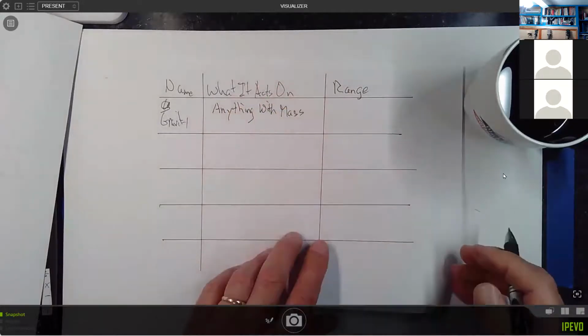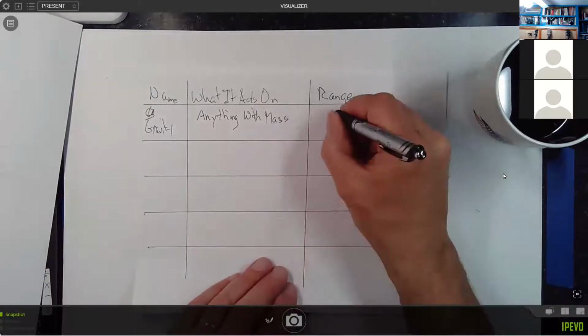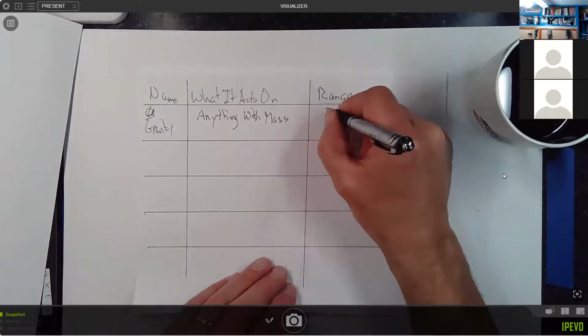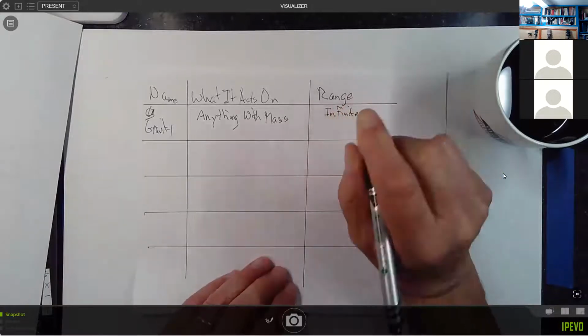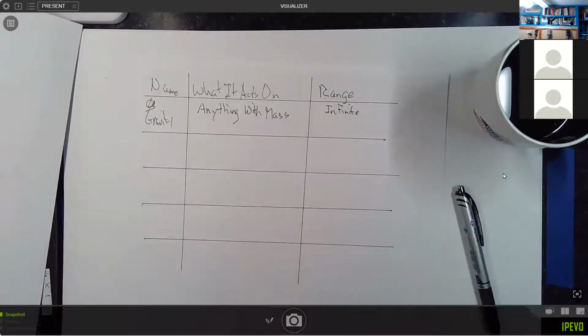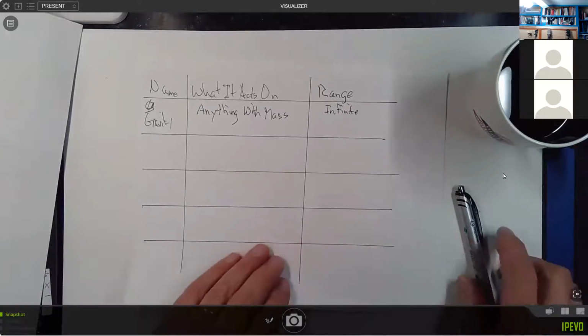Its range is infinite, as far as we know. We can see out into space galaxies that are hundreds of millions of light years apart that are exerting gravitational forces on each other.